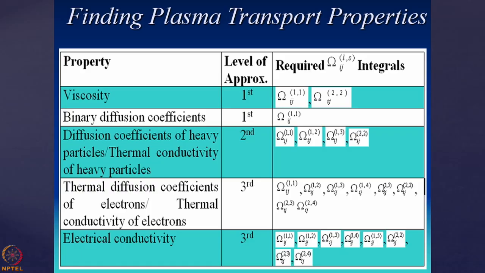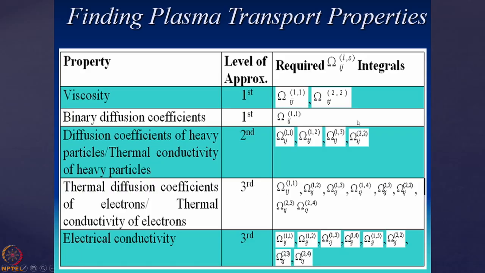There are different levels of approximation to get the values. As I told you, as you increase the number of rows and columns in these transport coefficients, you find that if you consider only a few rows and columns, you are already getting very accurate values. But that is not the same for all kinds of transport properties. I have shown you here some transport properties which give pretty accurate values.